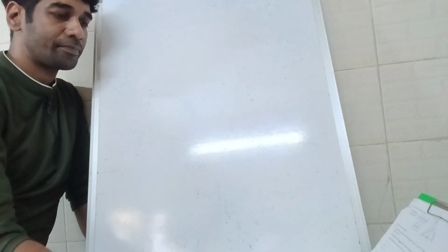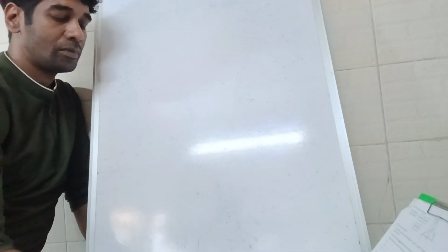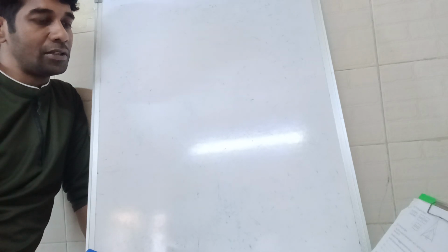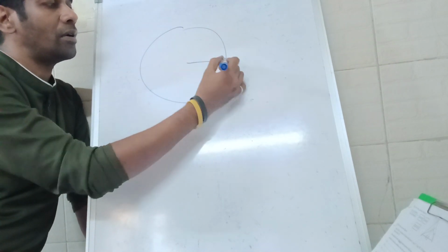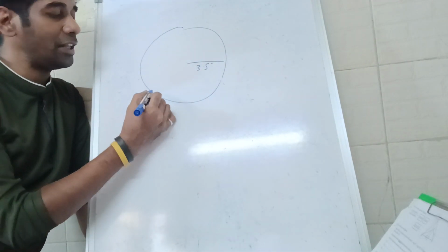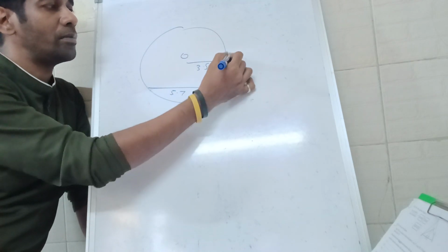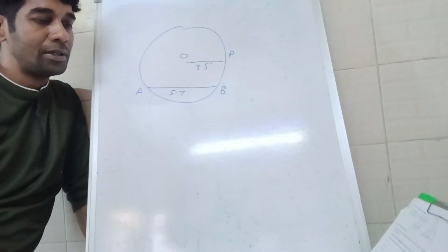Next, draw a circle with radius 3.5. Draw a chord AB of length 5.7 centimeters.